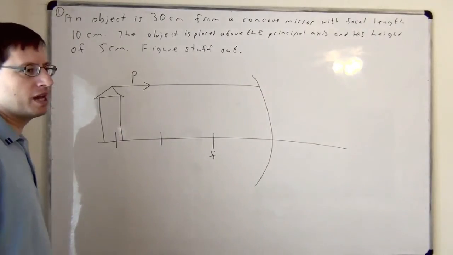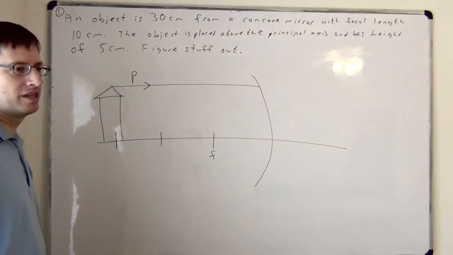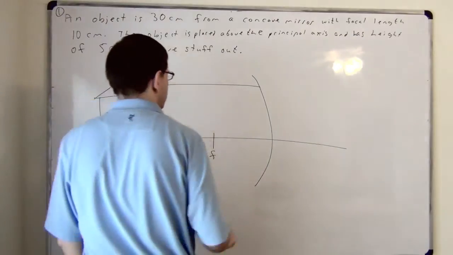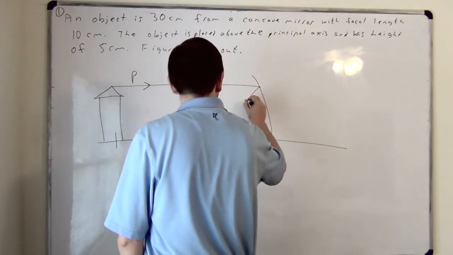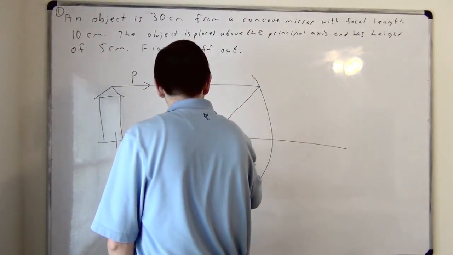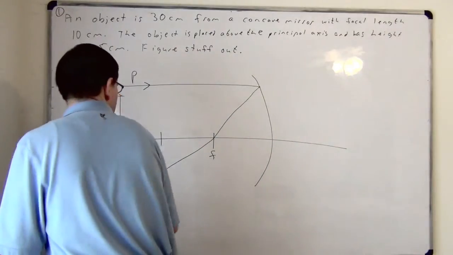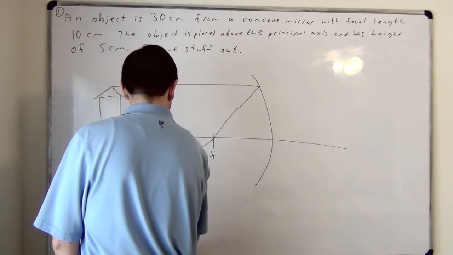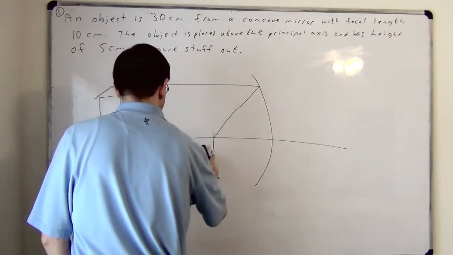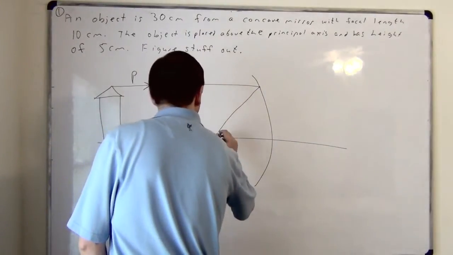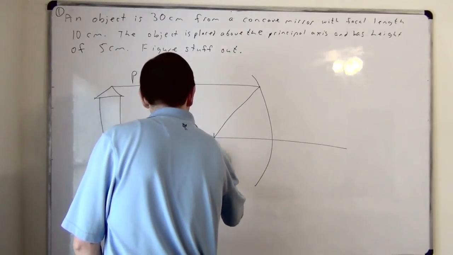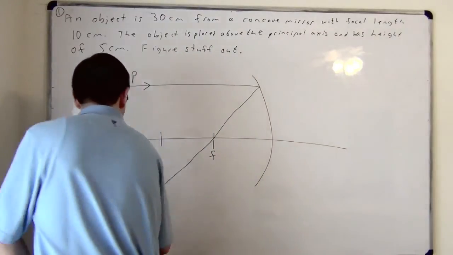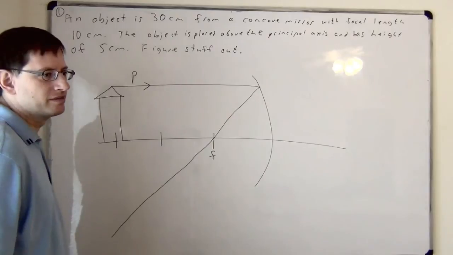The outgoing P ray should go through the focal point. Hard to draw a straight line.